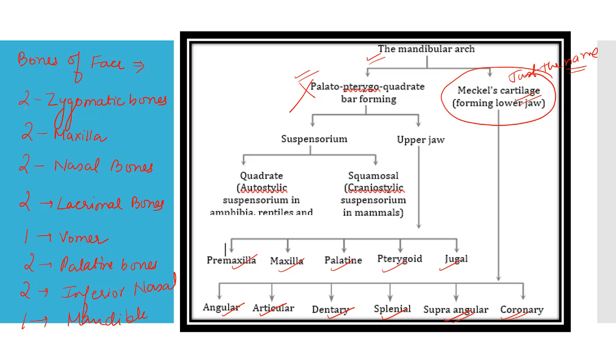Bones of face include 2 zygomatic bones, 2 maxilla, 2 nasal bones, 2 lacrimal bones, 1 vomer, 2 palatine bones, 2 inferior nasal conchae, and 1 mandible.